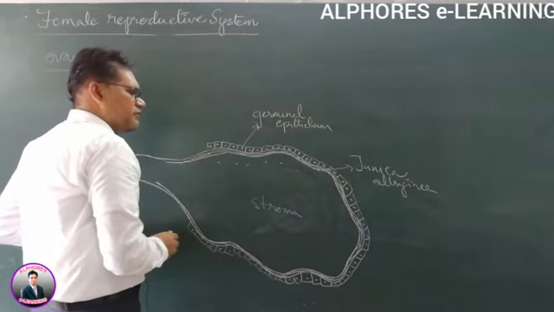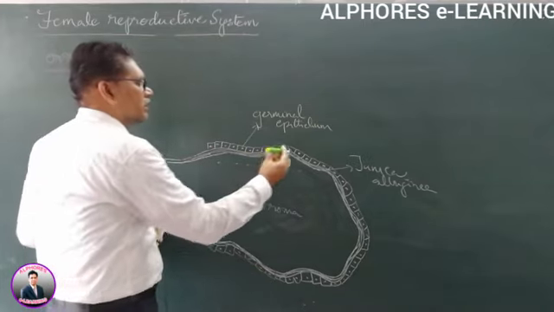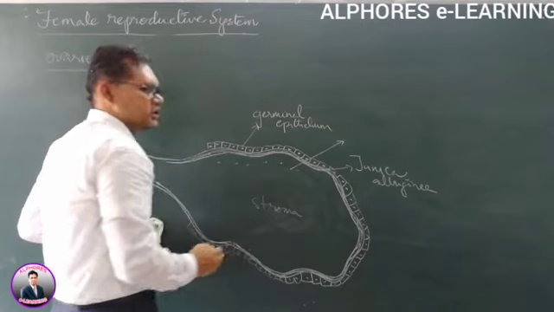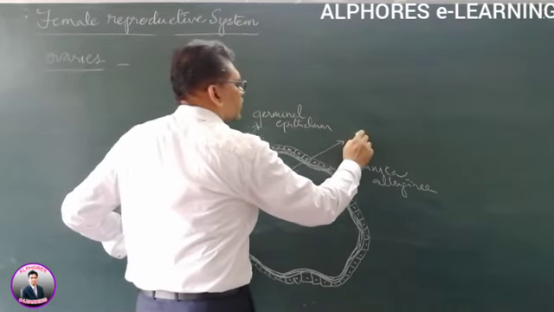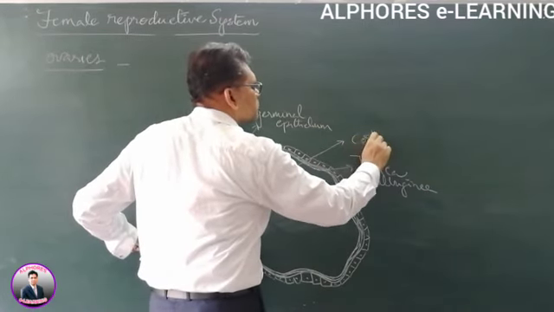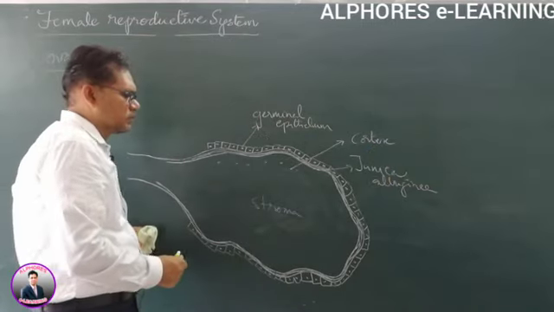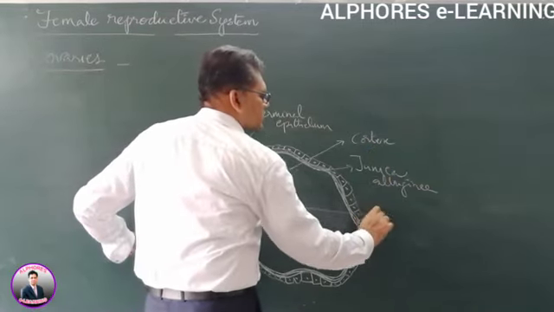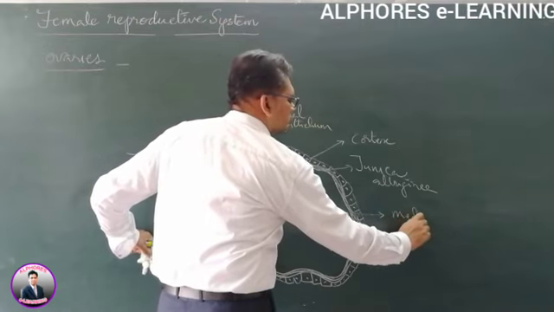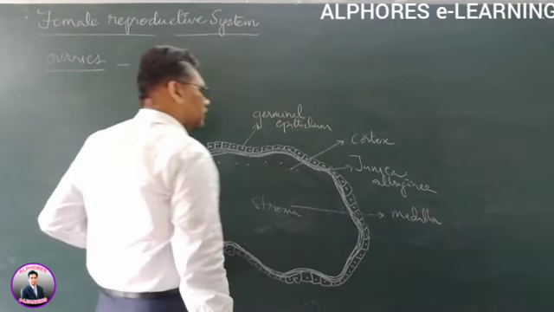Now the stroma is differentiated into an outer part and an inner part. The outer part is called the cortex, that is, the ovarian cortex. The inner part is called the medulla. This is the ovarian medulla.